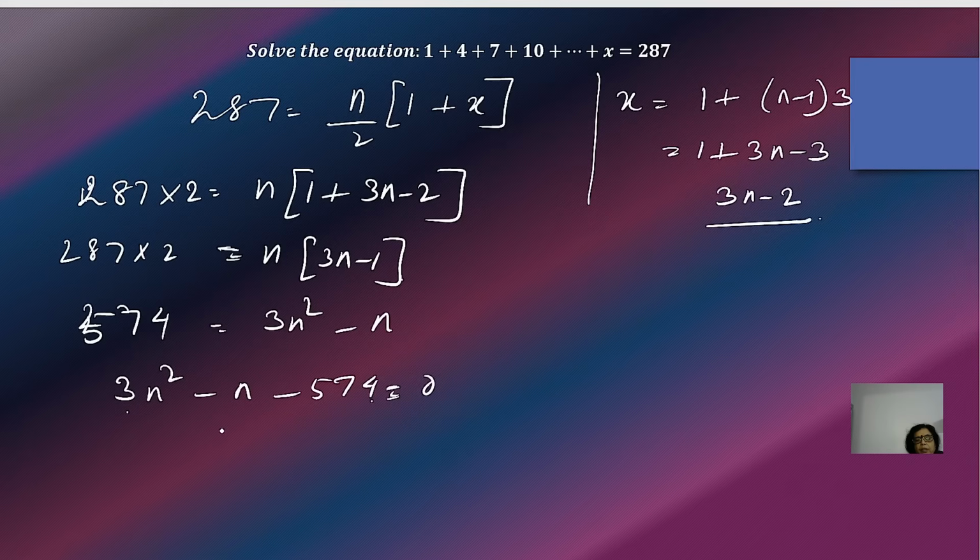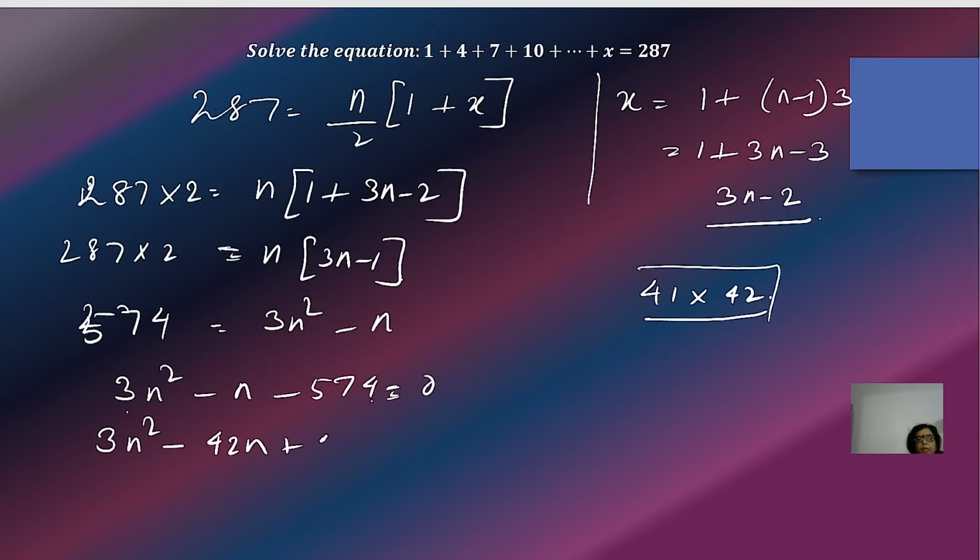So obviously if we take the product of 41 and 42, this will give us 574 into 3. If you multiply and check it out, you will get 574 into 3. So 3n squared minus 42n plus 41n minus 574 is equal to 0.